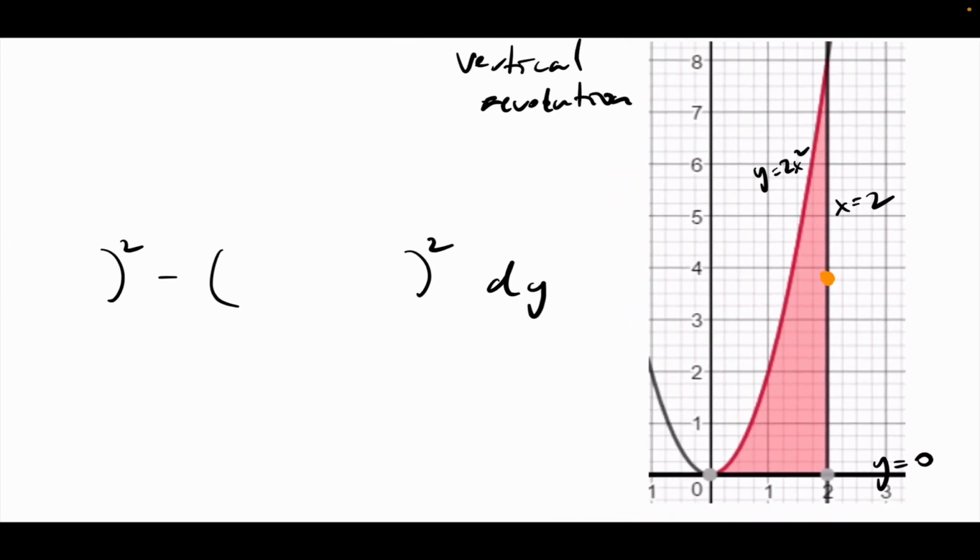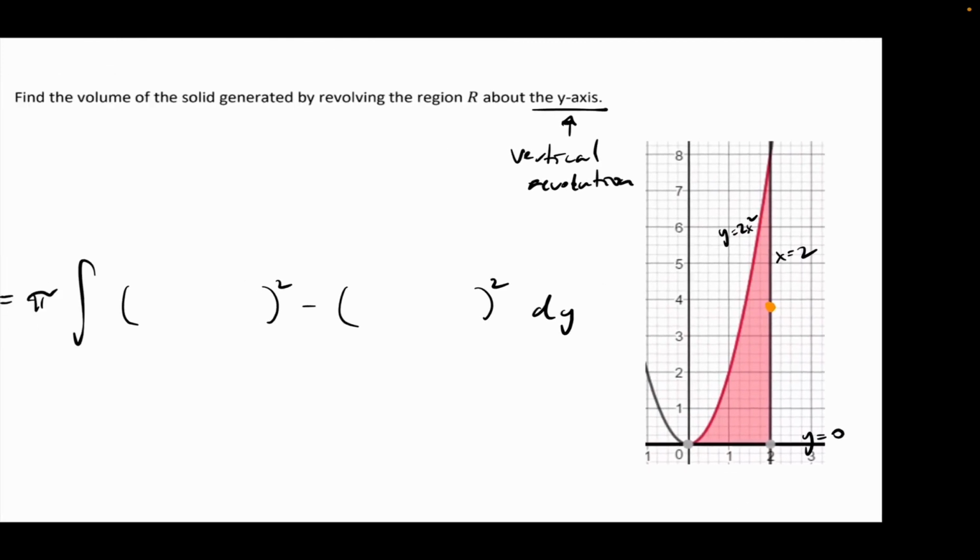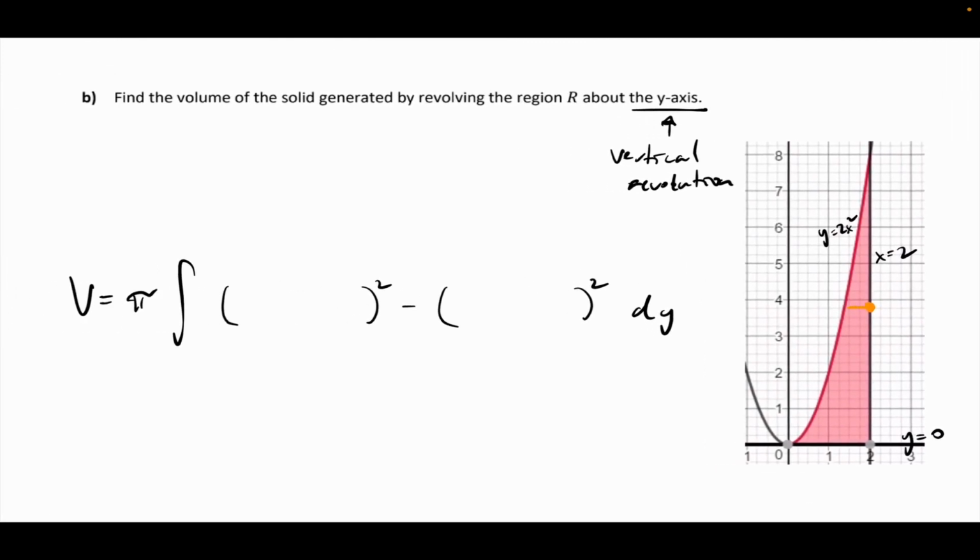And then we're going to go left until we hit the axis of revolution. The axis of revolution is the y-axis, which is x equals 0. So it's going to be 2 minus 0. That's capital R.